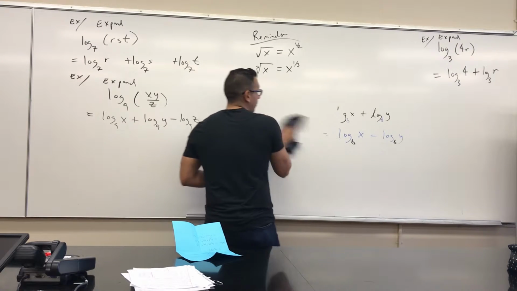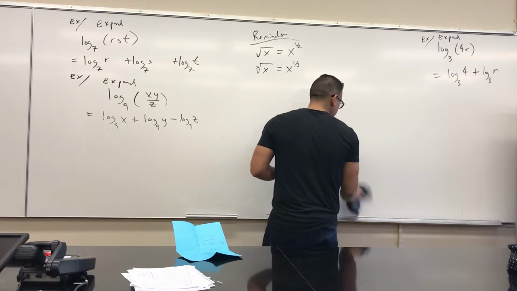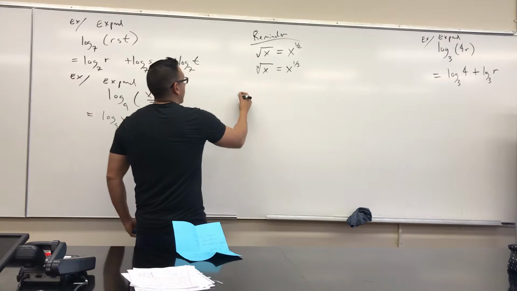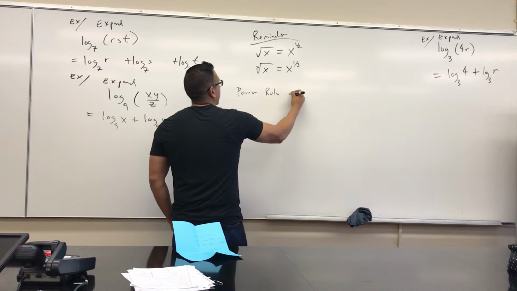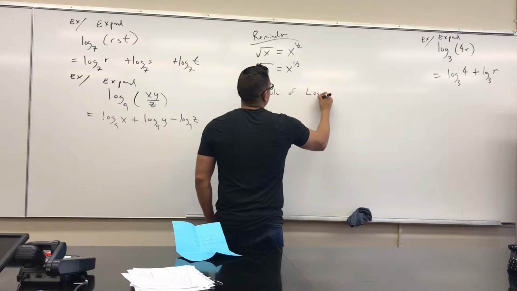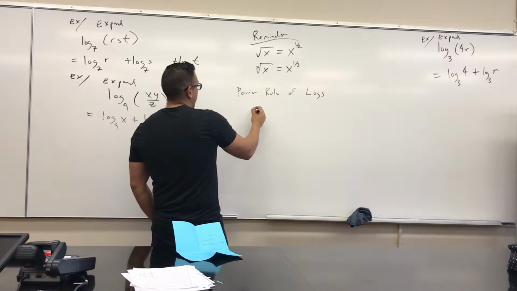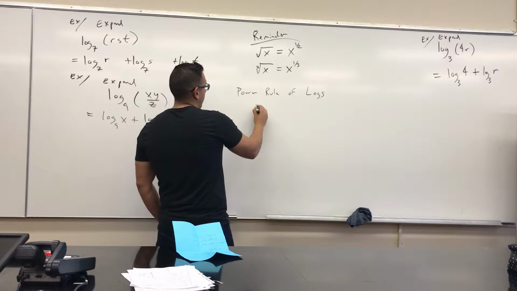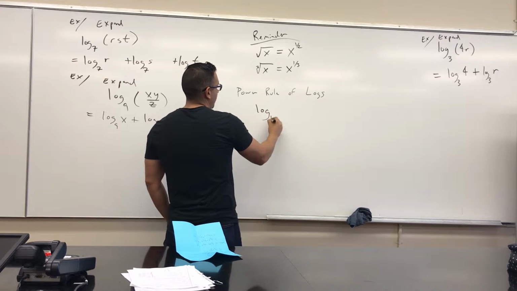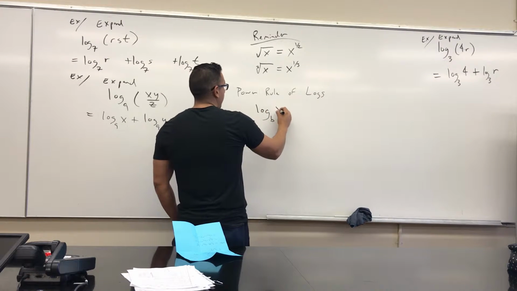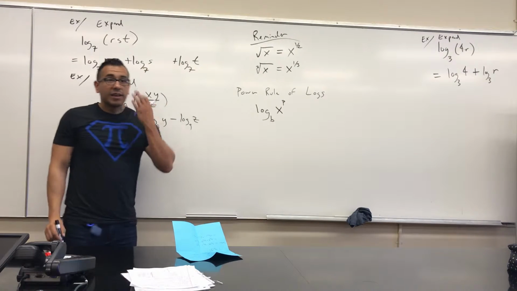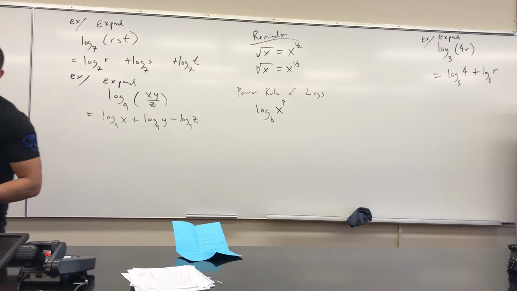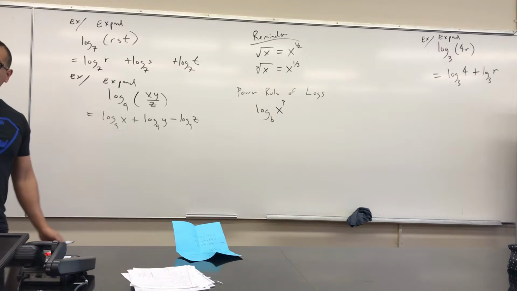Alright, so let's get another property down. Call it our power rule for logs. So we'll go with log base b of x to the p. So let's say that our argument now has an exponent.